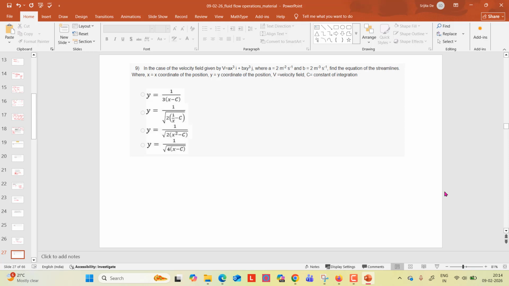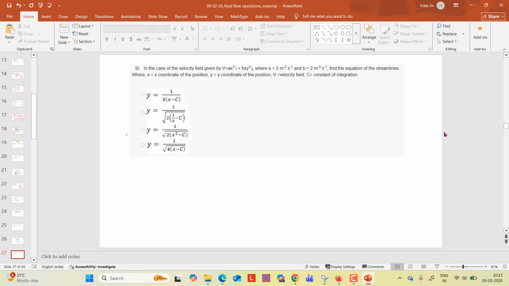Now, in the case of velocity field given, where A and B are also given, find the equation of the streamlines where X, Y, V and C are defined. So it is called find the equation of streamlines, right?